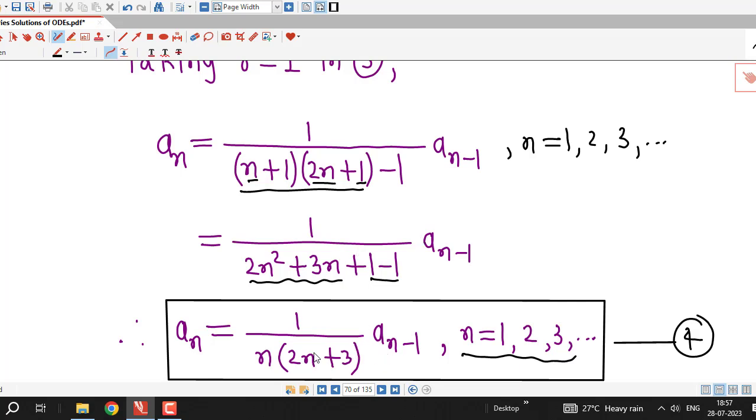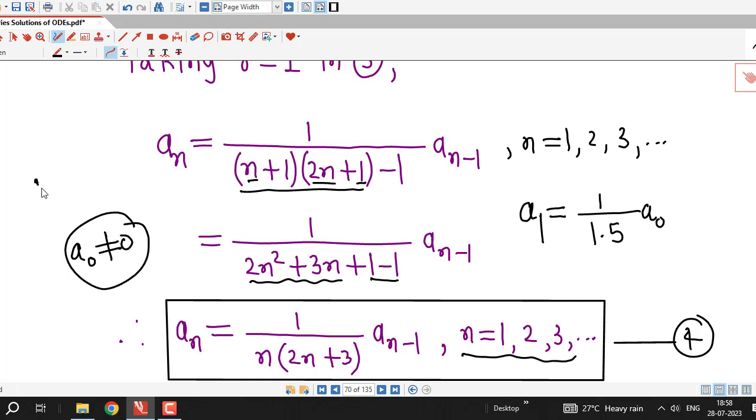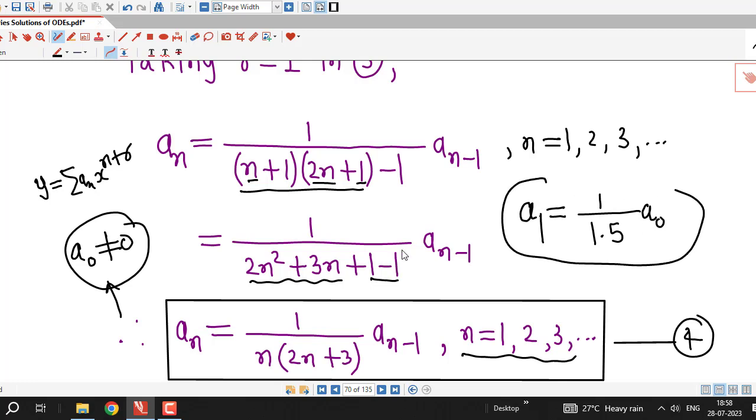Now you can see, if I take n equal to 1 here, I will have a1 equal to 1 over 1 into 5 into a0. Now suppose I have not taken a0 as non-zero in my solution. I have started by assuming that our solution is in this form, an x raised to n plus r, with a0 non-zero. But suppose a0 equal to 0, then I will obtain a1 equal to 0. Then a2 will depend on a1, so I will obtain a2 equal to 0.